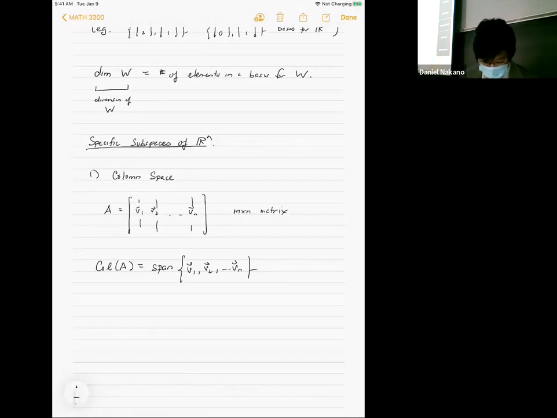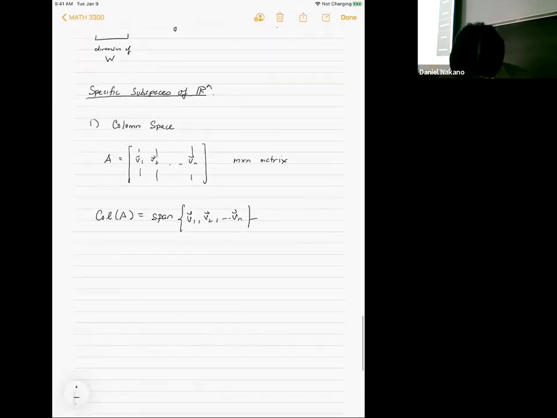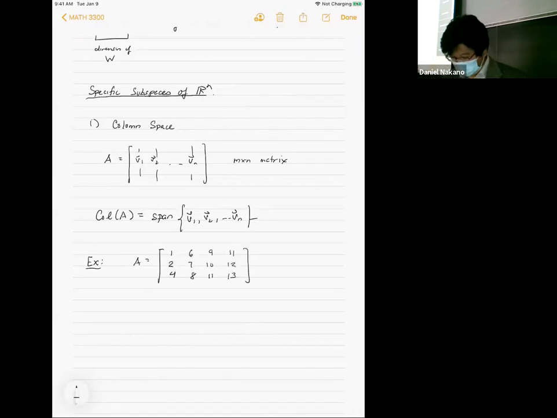All right, so let's do an example. A is going to be equal to 1, 2, 4, 6, 7, 8, 9, 10, 11, 11, 12, 13. That's kind of weird, not what you would expect.